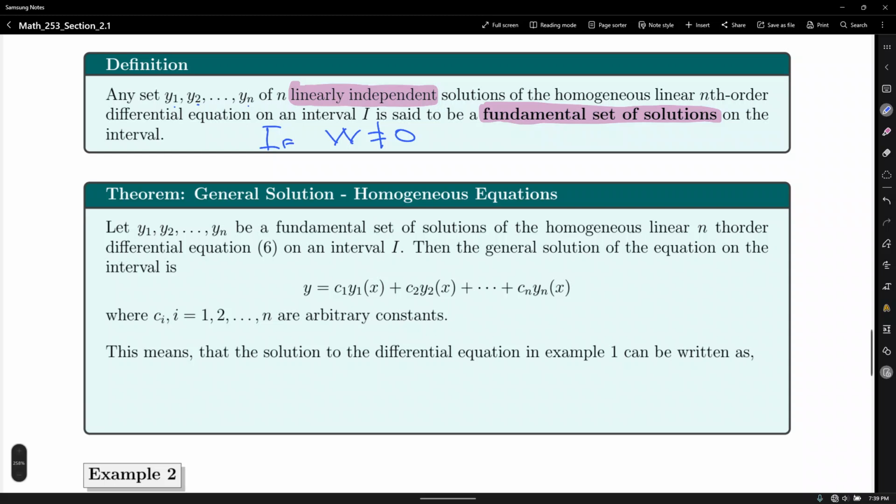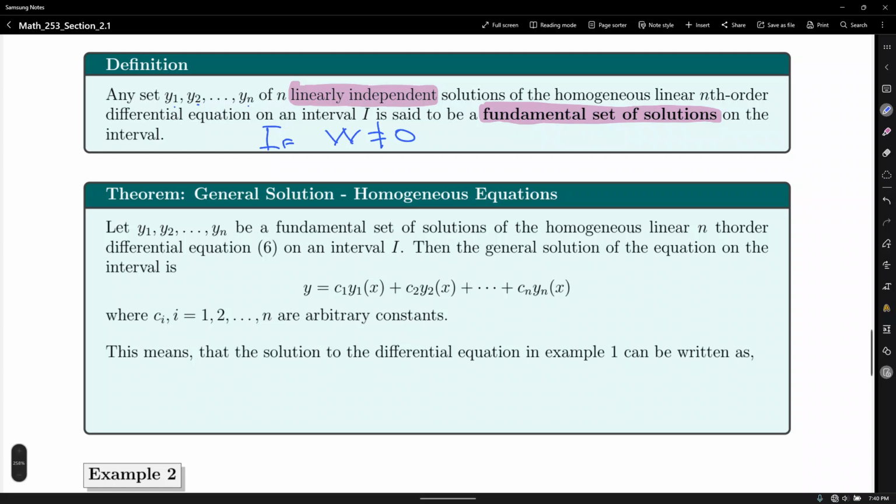Then the general solution of the equation on the interval is c1 y1 plus c2 y2 plus c3 y3 plus c4 y4, etc. So that's producing a non-zero solution, a non-trivial solution.